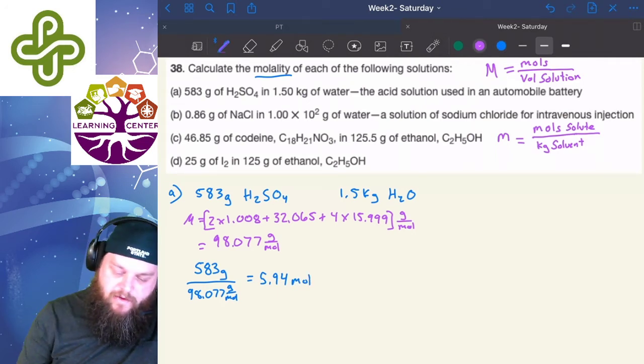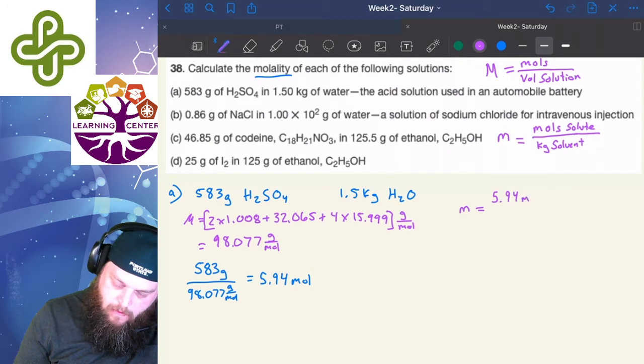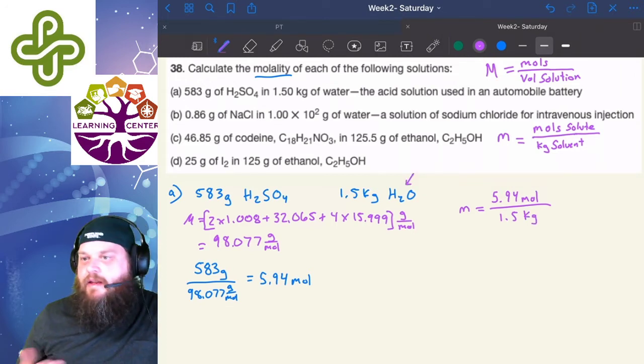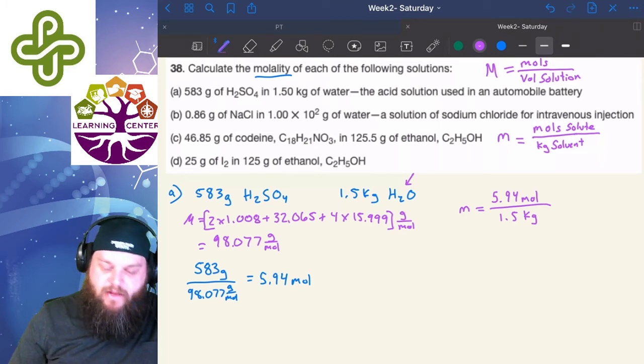So now we're ready. We can actually figure out the molality. Lowercase m is going to be equal to 5.94 moles divided by 1.5 kilograms. And our solvent, water in this case, is given in kilograms, so we don't have to worry about converting it. If it's not given in kilograms, you want to make sure you convert your answer there.